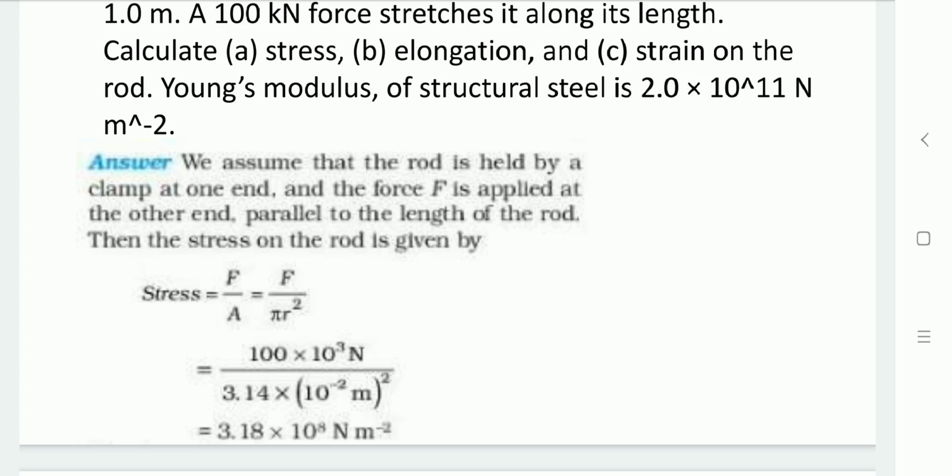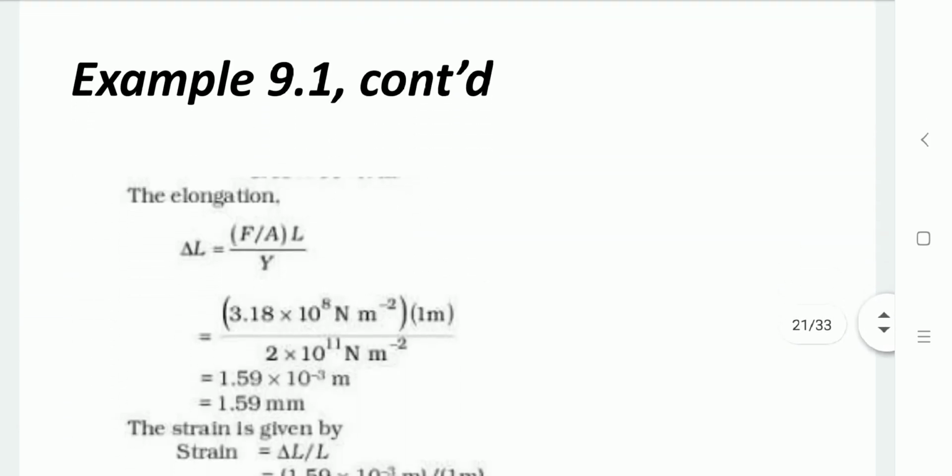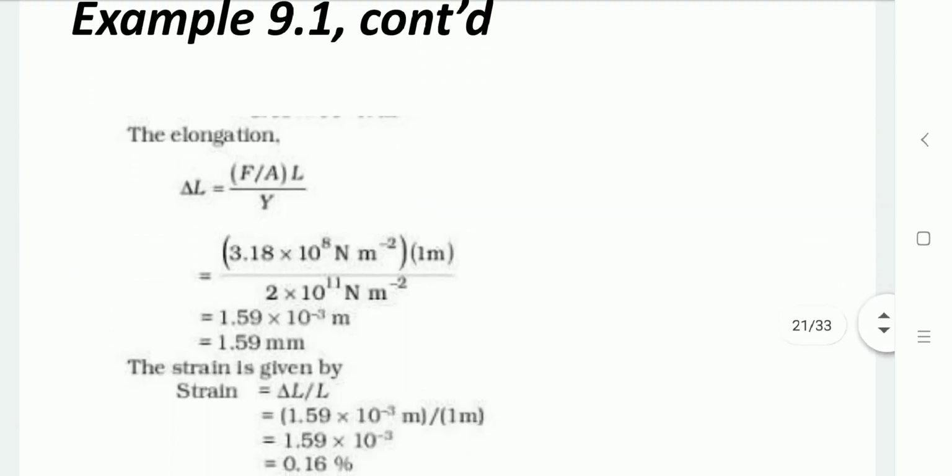Elongation means change in length, that is, we need to calculate delta L. We know the Young's modulus Y equals stress by strain, that is F by A divided by delta L by L. From that equation, let us make delta L the subject of the formula to calculate the elongation.